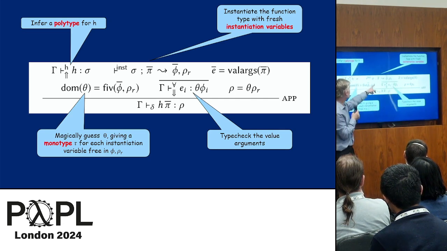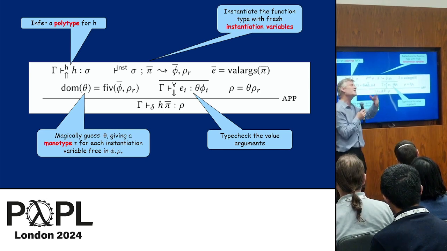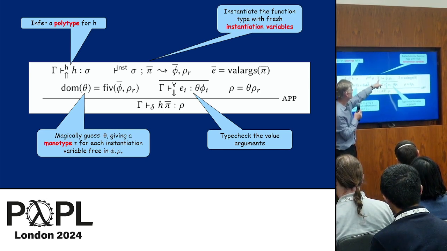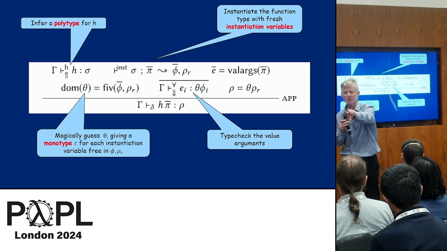So this is just saying, take sigma and strip off its foralls and take its arrows apart, as many arrows as are necessary to satisfy the pi, and give me back 1 phi for each of the pi's and a result, okay? Now we come back to your question about unification variables and so forth.